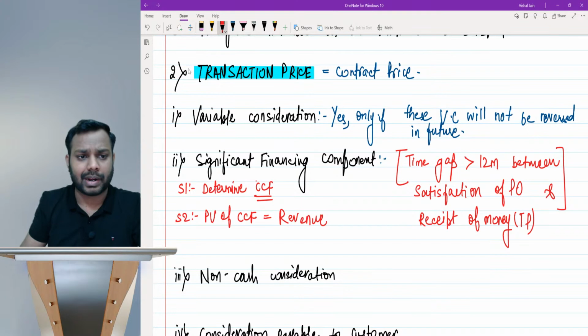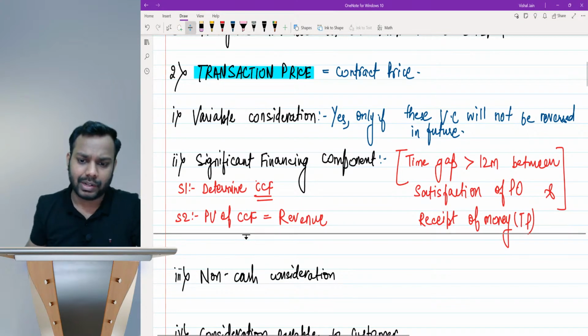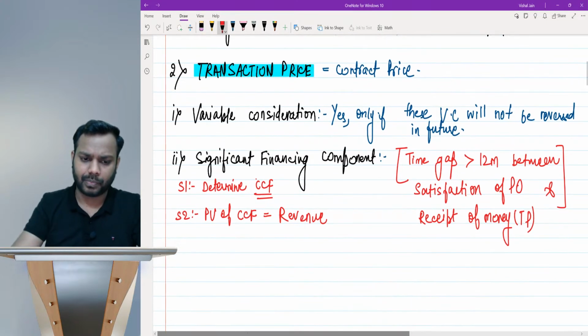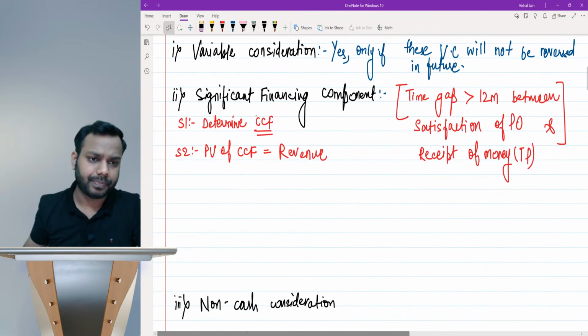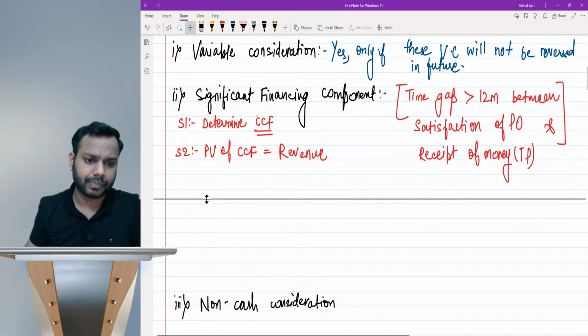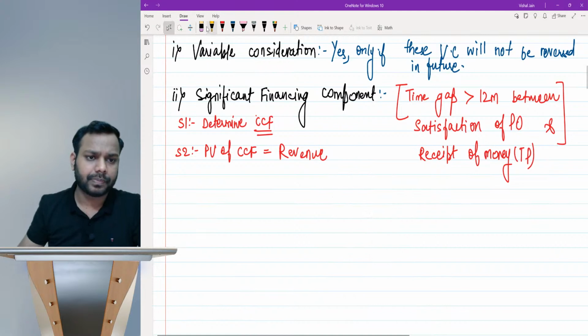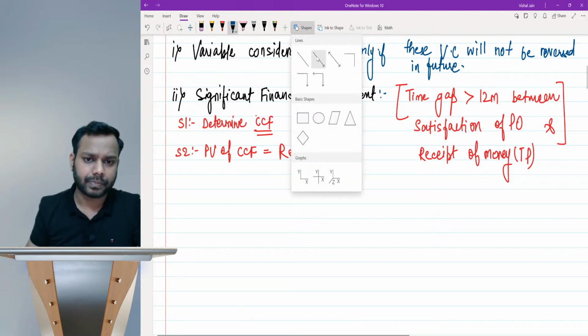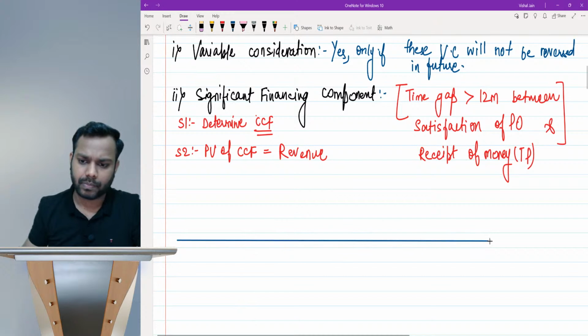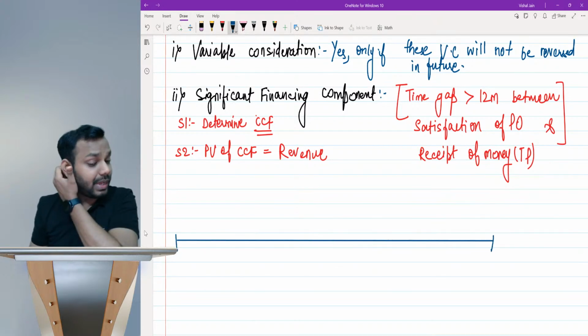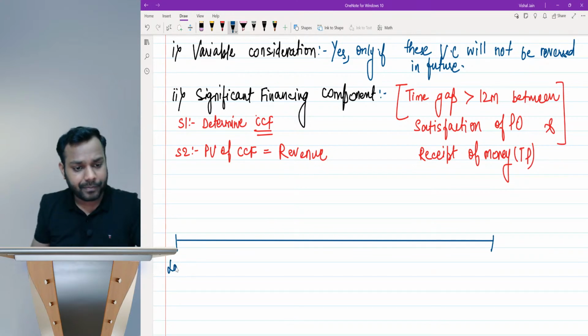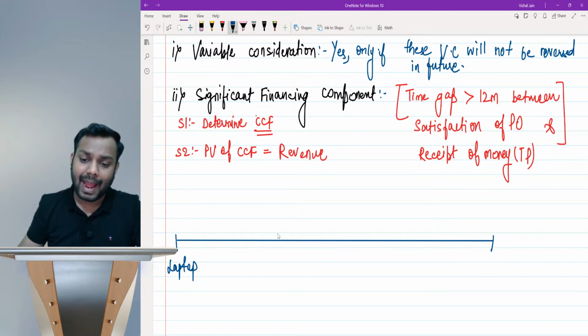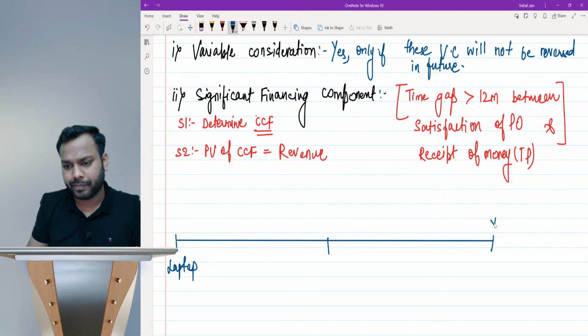Let me take up an example so that things become more clear. Let's suppose an entity sells a laptop and will receive the money after 2 years.